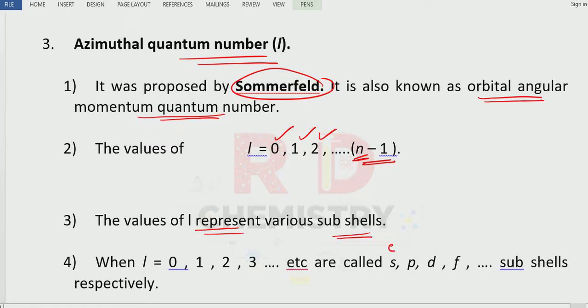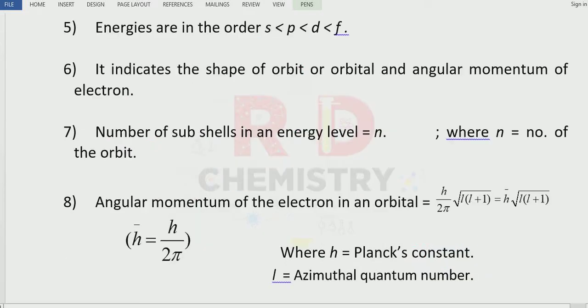Suppose L is equal to 0, s subshell, L is equal to 1, p subshell, L is equal to 2, d subshell, L is equal to 3, f subshell, and it goes on. The energy of the s subshell is less compared to p, less compared to d, less compared to f. Now it also indicates the shape of the orbit or orbital angular momentum of the electron.